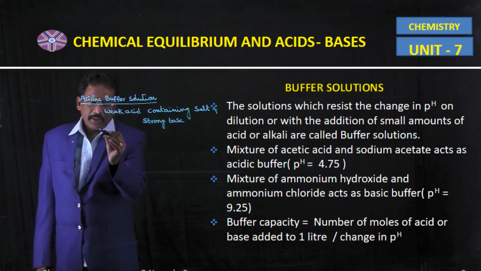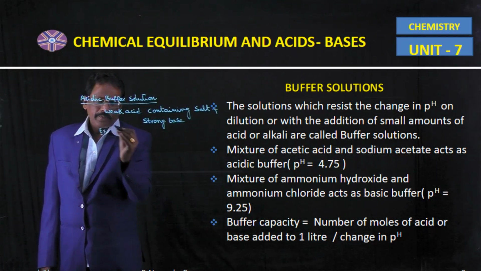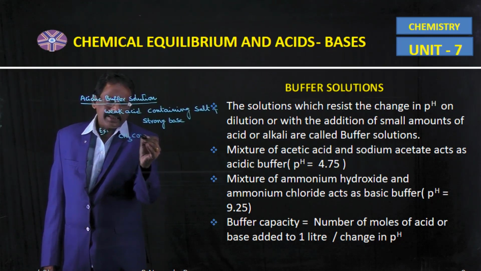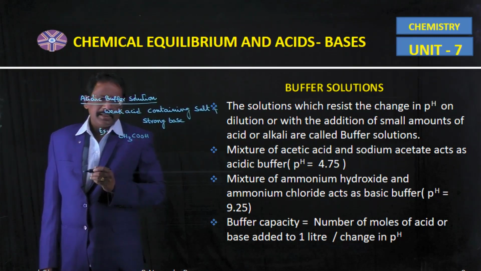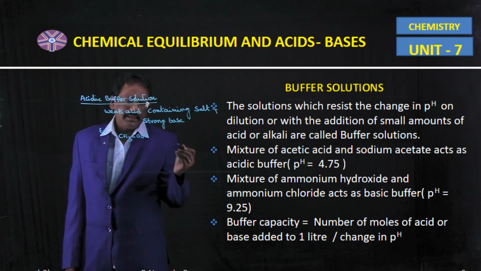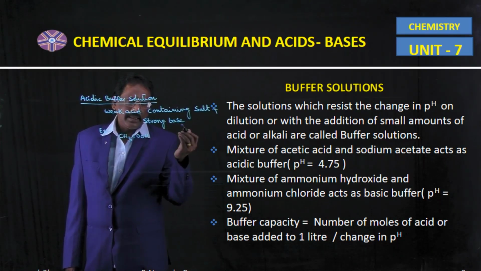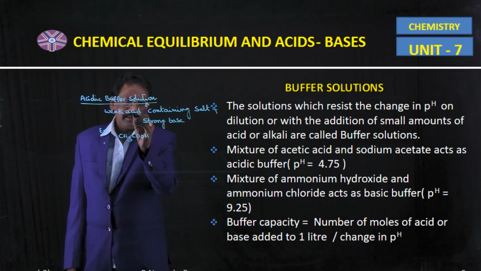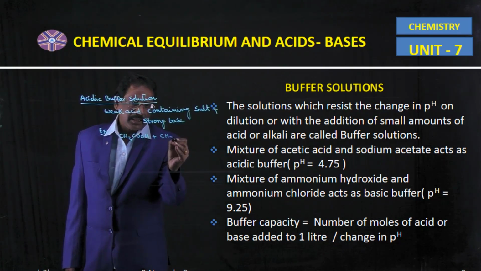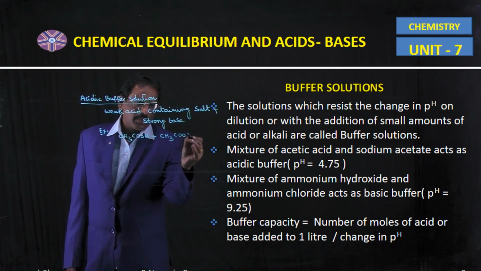For example, acetic acid acts as weak acid, and it contains its salt of strong base, for example, CH3COONa.